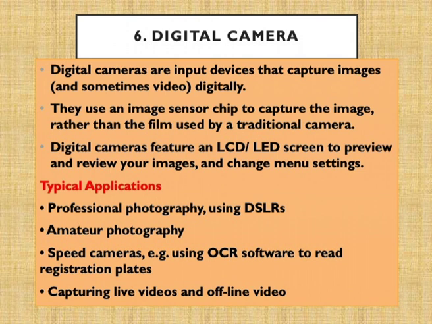Many digital cameras feature an LCD or LED screen to preview and review your images and change menu settings. There are many applications of digital cameras. We use them for professional photography, amateur photography, speed cameras, which help us to monitor the speed of vehicles, and we also use digital cameras for live and offline video recording.